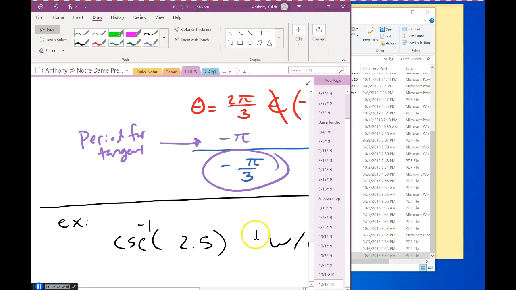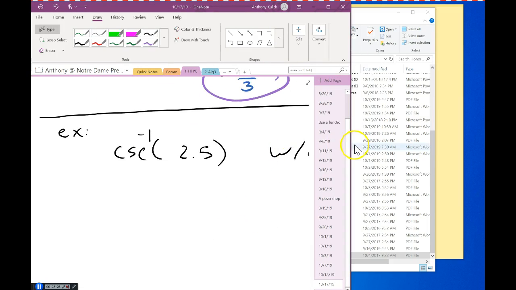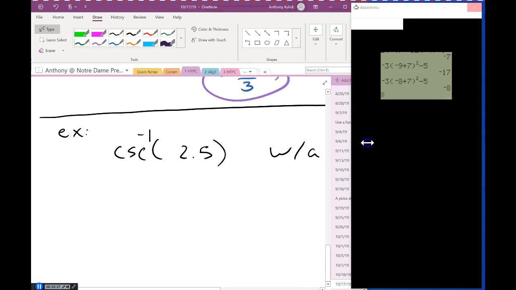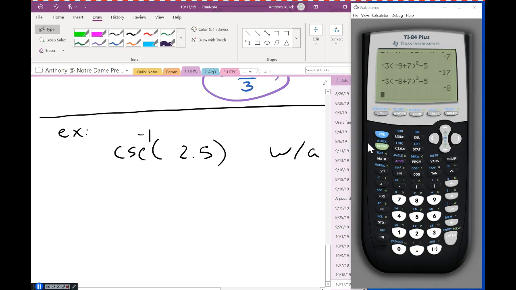So which other trig function is cosecant related to? Sine. How is it related to sine? When you say inverse, you really mean reciprocal.